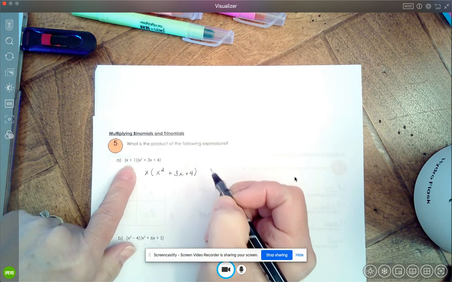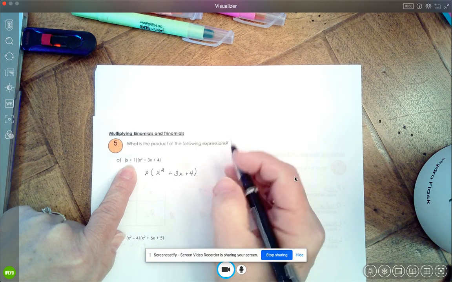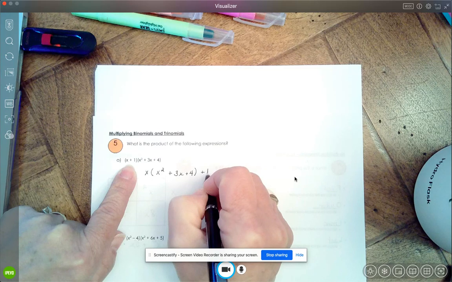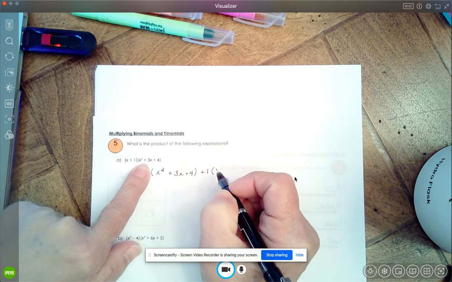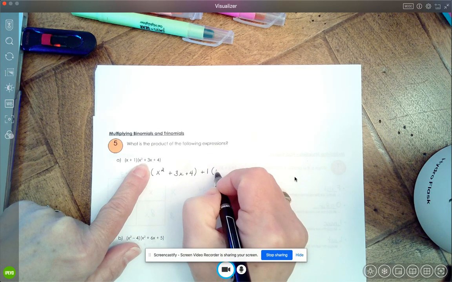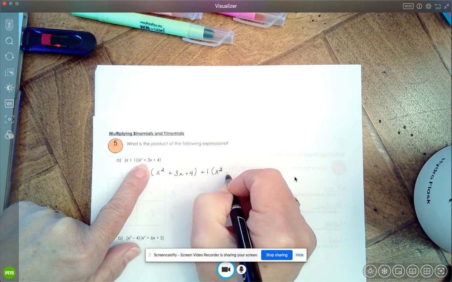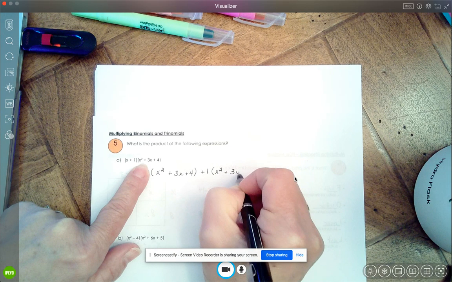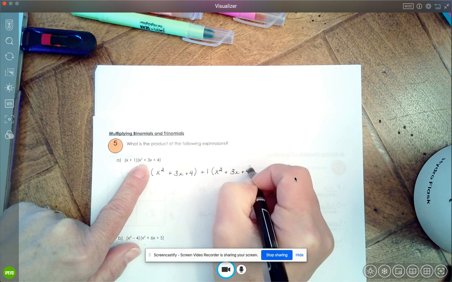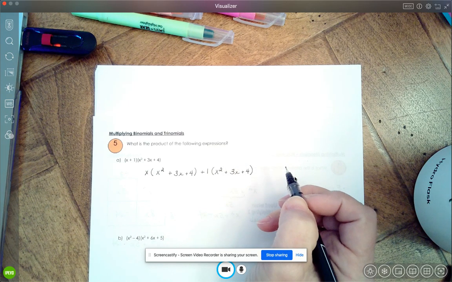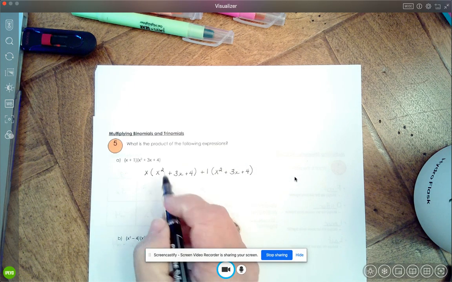And then I can take the second term in my binomial, which is positive 1, and multiply it by my trinomial, x squared plus 3x plus 4. Now I can multiply everything through.